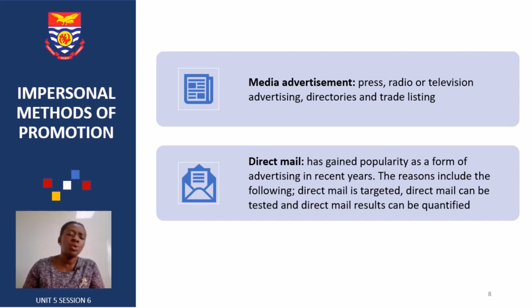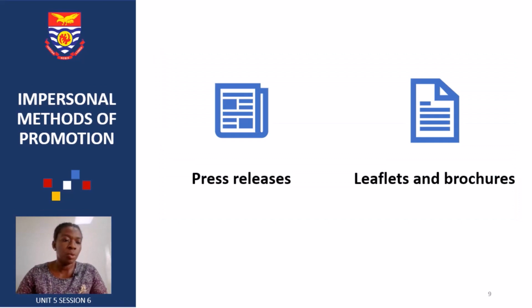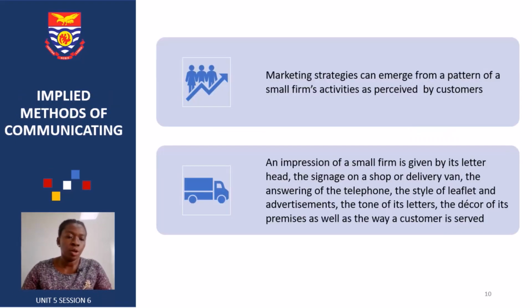You can even do mails. You can email them that we have this product, and if you want it, you can reach us on this. You can also do direct mail, which is also an impersonal form of promotion. You can also do press releases or leaflets and brochures to tell more about your product.